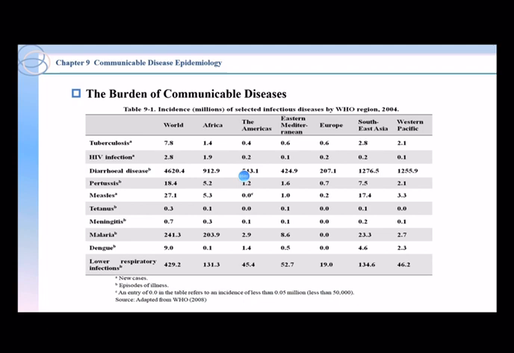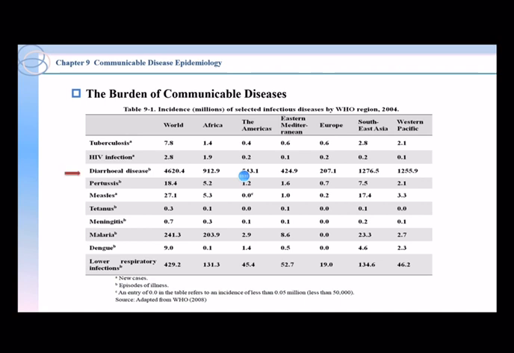Now we look at the burden of communicable disease of some common diseases. As we can find in table 9.1, it describes the incidence of selected infectious disease by WHO region according to the report in 2004. This table lists a few diseases with high incidence.